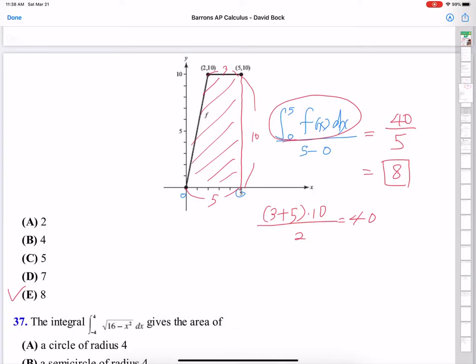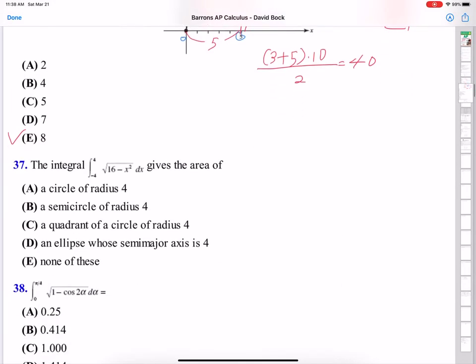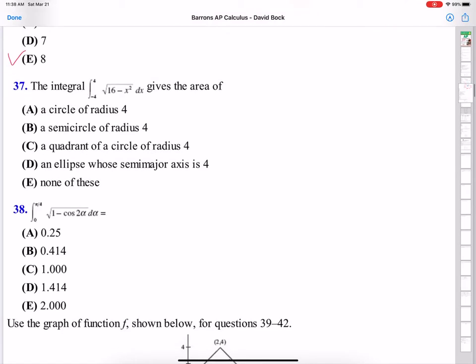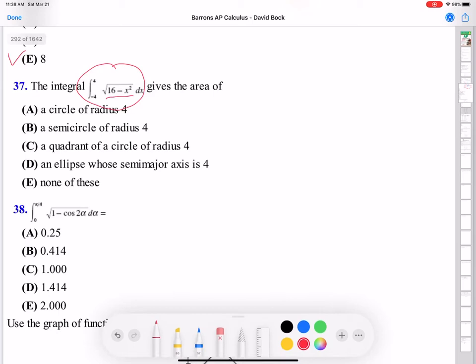Okay, number 37. Integral negative 4 to 4 of this function dx represents what? It is just a conceptual problem. You don't have to find the value. But we know that the function is y equals square root of 16 minus x squared, right?